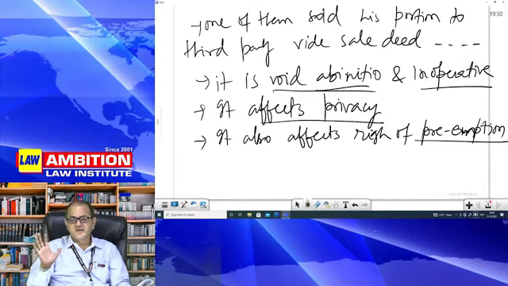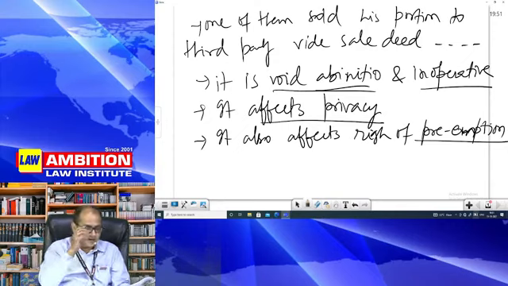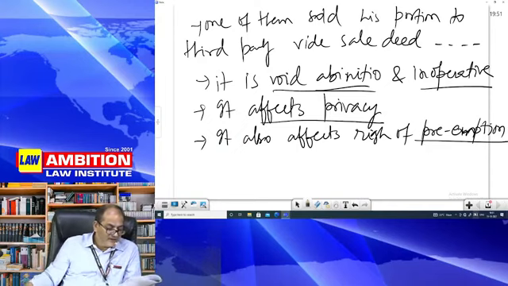So in such a case there is no right of priority, there is no preemption in such a case. When the property is separate and divided, then there is no question of preemption. If it is together, so court ने कहा, Supreme Court said that plaintiff does not disclose any cause of action. No legal right in favor of plaintiff.